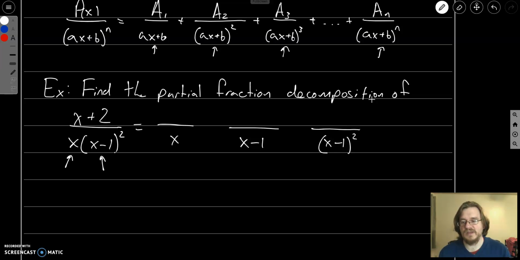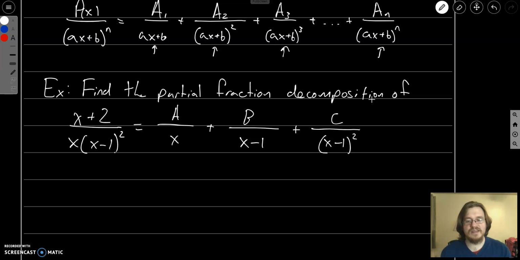So again, we only have one factor of x, done. We have two factors of x minus 1, so we have one fraction that's x minus 1 and another fraction that's x minus 1 squared. On the top, we just have three numbers, so I'm just going to call them a, b, and c. And we are essentially all done, other than we don't know what a, b, and c are.